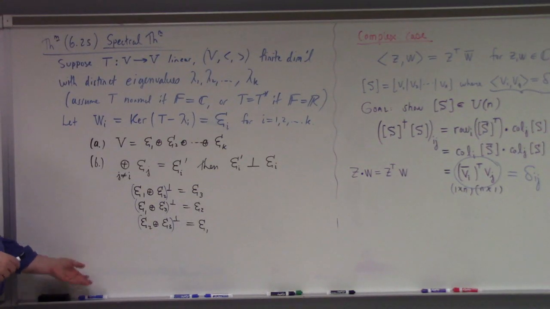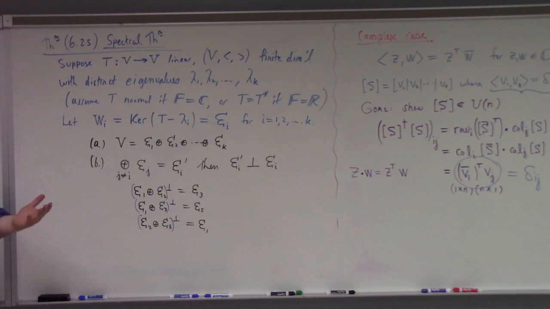So not only is the complement of the direct sum also the orthogonal complement, in other words. That doesn't have to happen in general, but it does happen for eigenspaces in the context of normal or self-adjoint operators. That's awesome, because that means that if you look at the projections that correspond to these spaces, right?